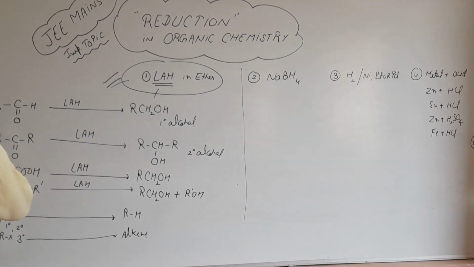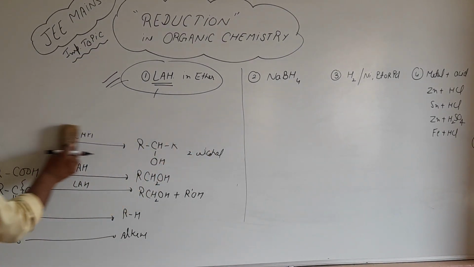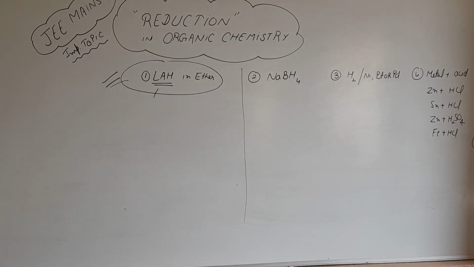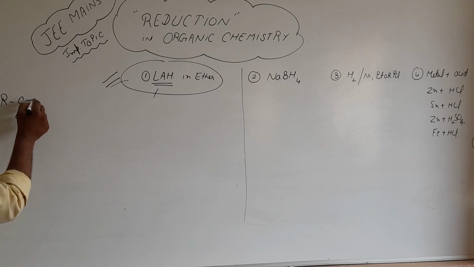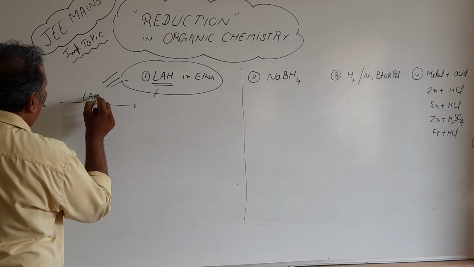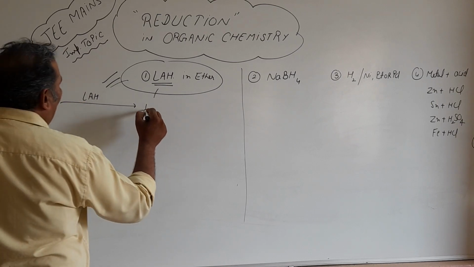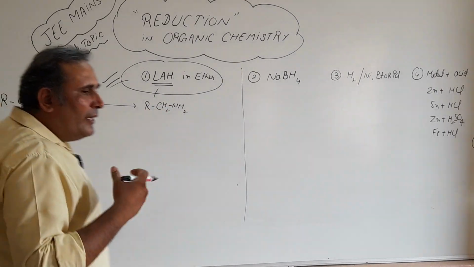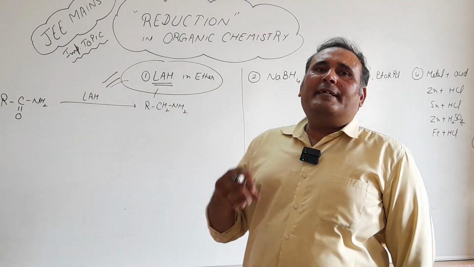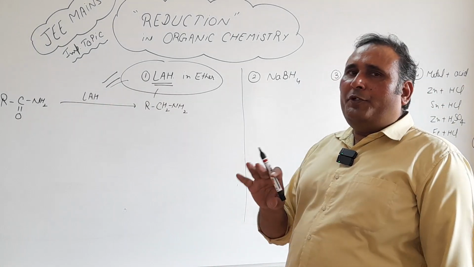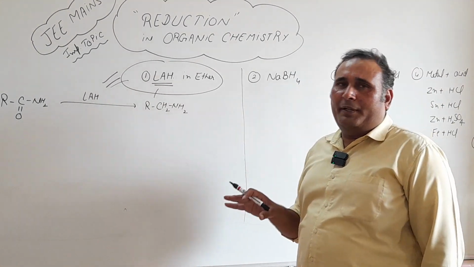Another functional group which can be reduced by lithium aluminum hydride is amides like RCONH2. Amide can be reduced into amine, RCH2NH2. In all these reactions, we have to note that the number of carbons should be the same as in the reactant. We should not decrease or increase the number of carbons.